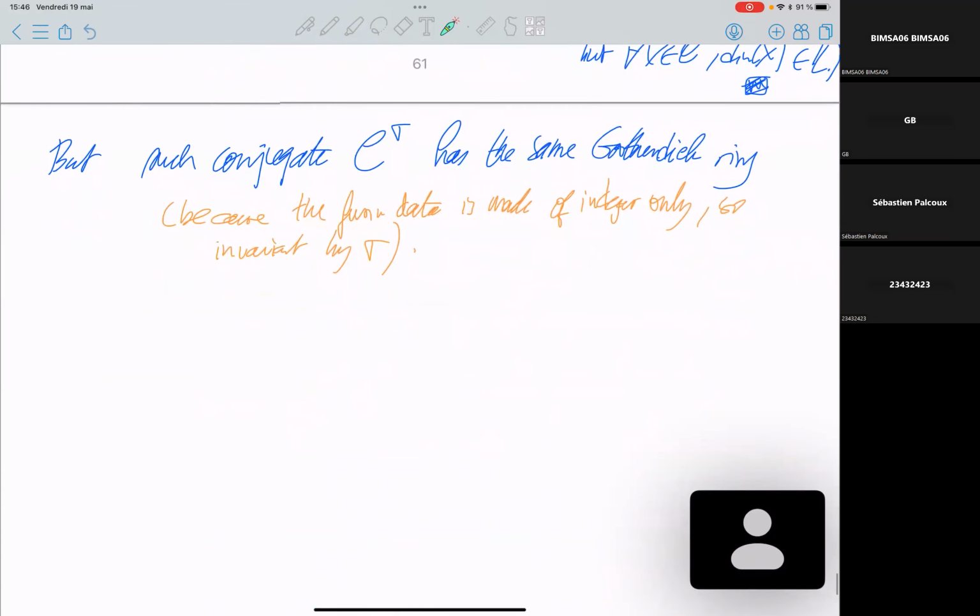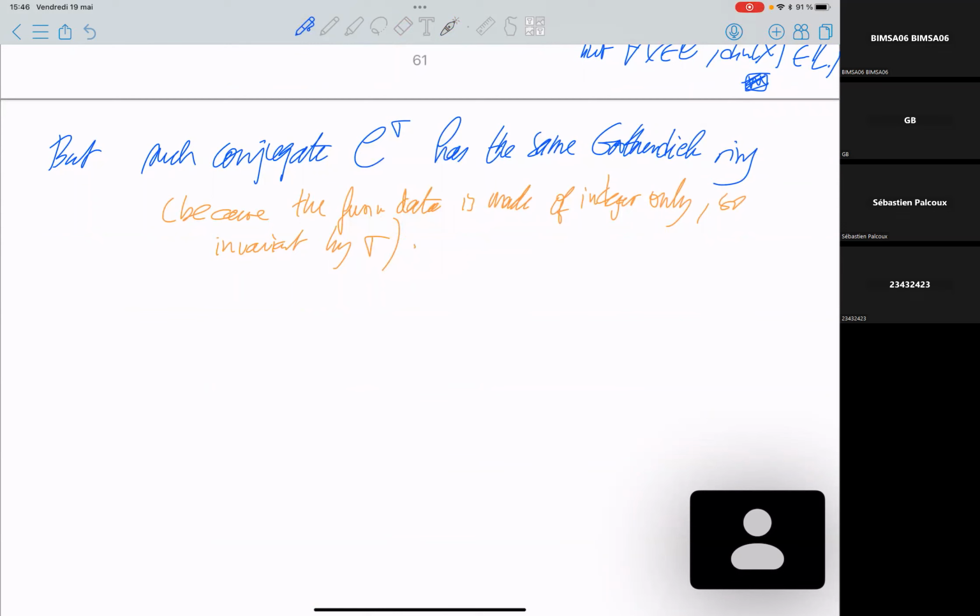What will be interesting is to find a fusion category which is not Grothendieck equivalent to a pseudo-unitary one. And at the time the book was written, it was an open problem, which is solved now by Andrew Chopiré.